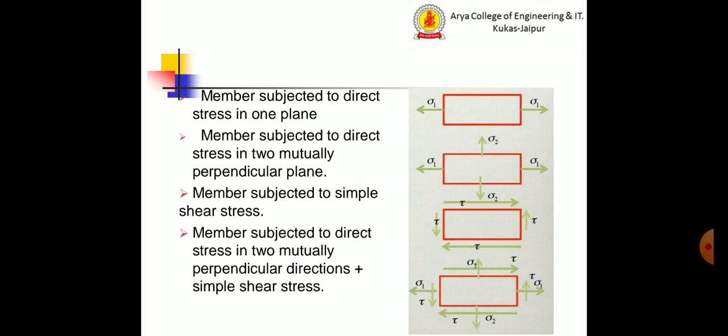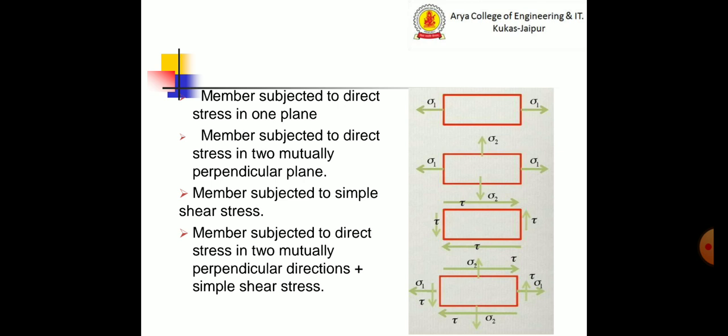The third case is member subjected to simple shear stress. In this case you can see in the third figure a shear stress applying on a surface.